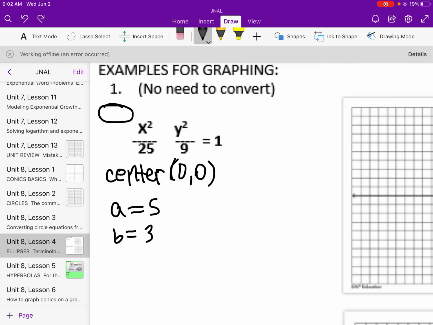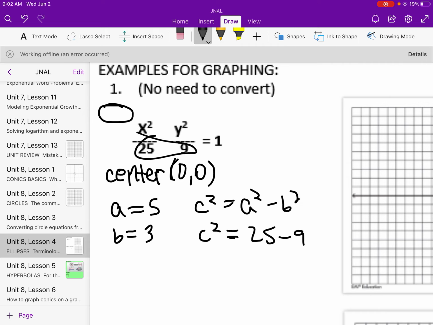Okay, now if we want to find the foci, we will use this form, or sorry, that's not right. A squared minus B squared. A squared would be 25, B squared would be 9. So you really just do the things that were right there.